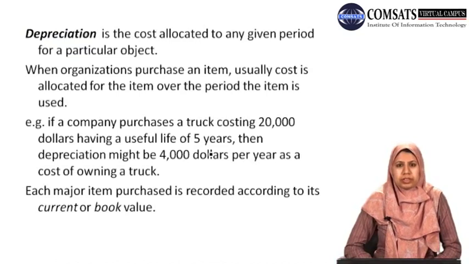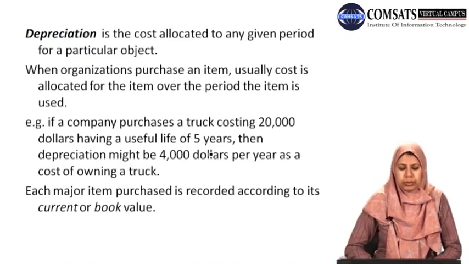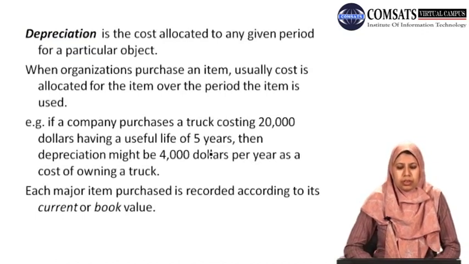Depreciation is the cost allocated to any given period for a particular object. When organizations purchase an item, usually cost is allocated for the item over the period the item is used.